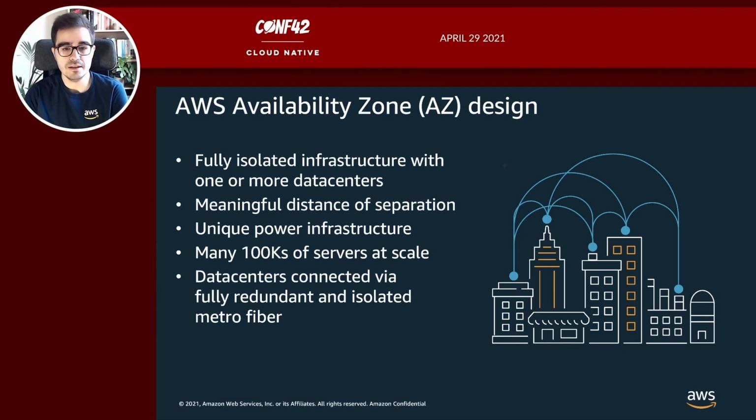Thus, availability zones give customers the ability to operate production applications and databases that are more highly available, fault-tolerant, and scalable than it would be possible from a single data center. All availability zones are interconnected with high-bandwidth, low-latency networking over fully redundant, dedicated metro fiber. This provides high-throughput, low-latency networking between availability zones.